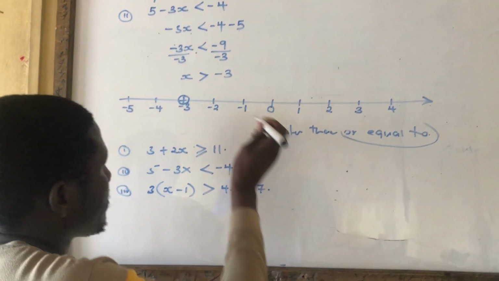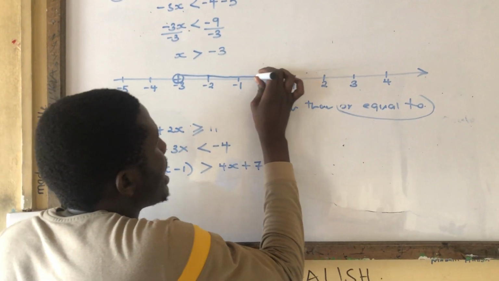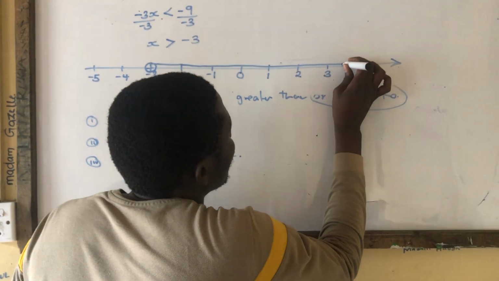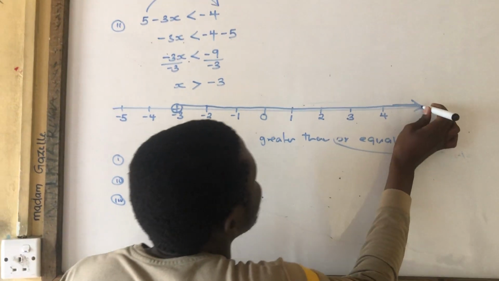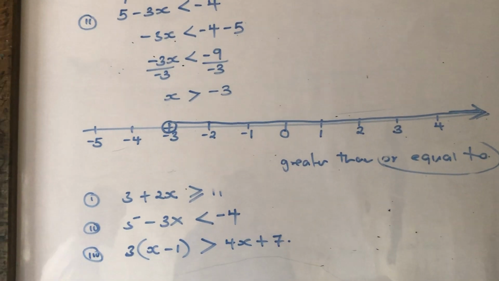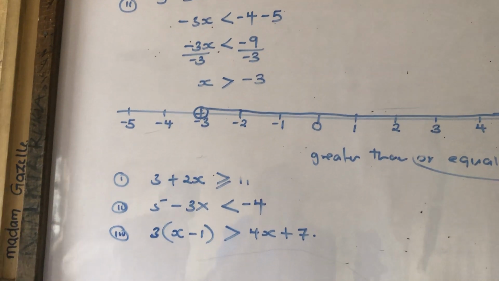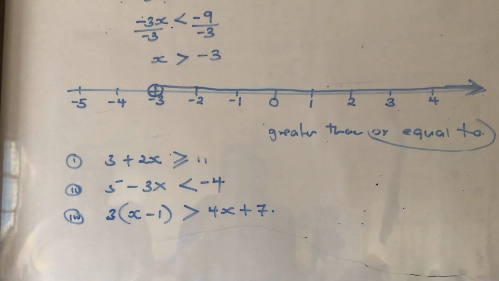In other words, the values of x will be found on this other side of the line. Like I already mentioned, you have the option of making the line thicker or just drawing another line immediately above the line we have already, the number line.